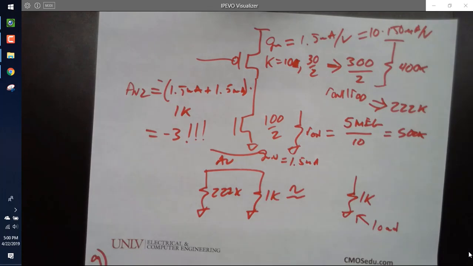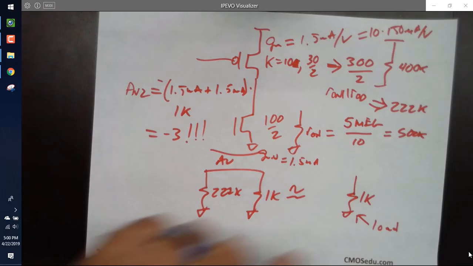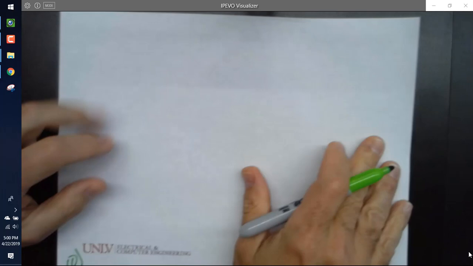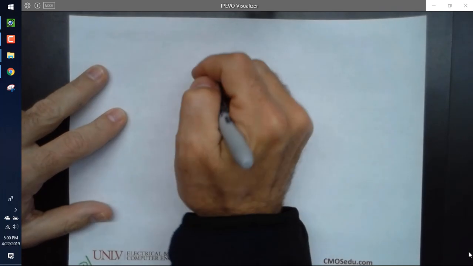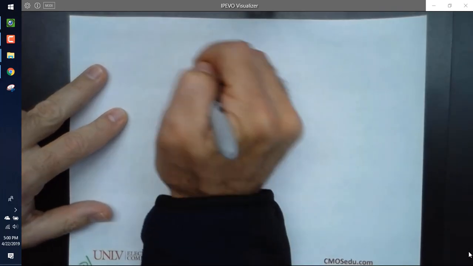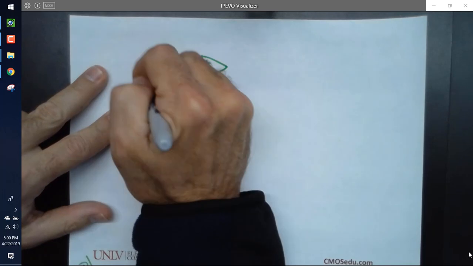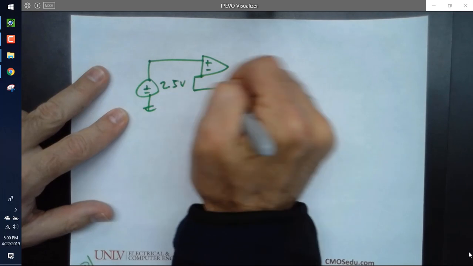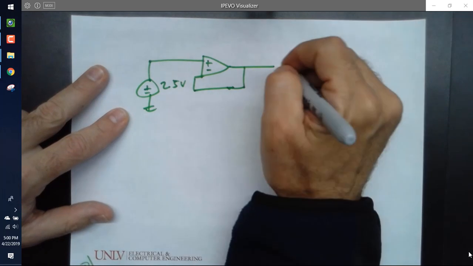Okay, so let's go back now, and I want to ask you a DC biasing question about this. If I have my op amp and I do the following, what's this topology called?